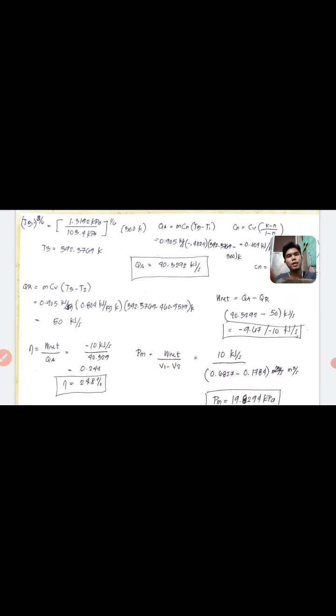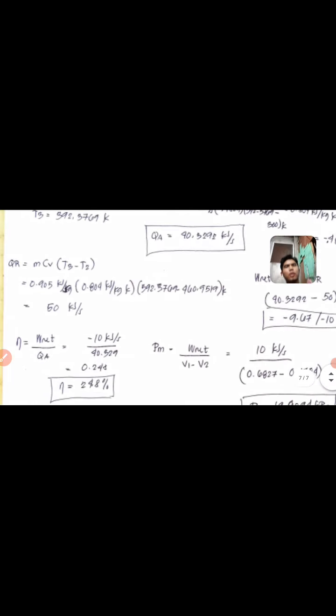As you can see, QR is equal to MCv multiplied by T3 minus T2. We already have the values of M, Cv, T3 and T2. Substituting all the given values, QR is equal to 50 kilojoule per second.